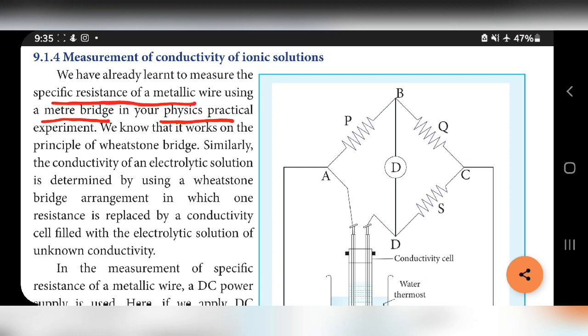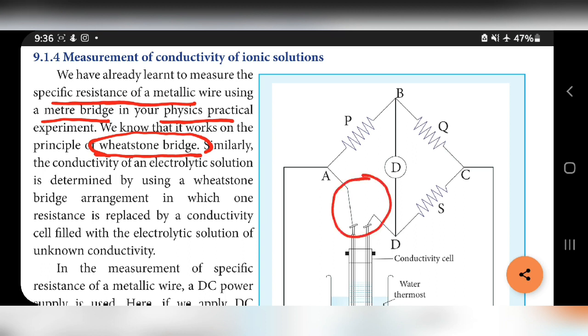We know it works on the principle of the Wheatstone bridge. Similarly, the conductivity of an electrolytic solution is determined using a Wheatstone bridge arrangement in which one resistance is replaced by a conductivity cell.